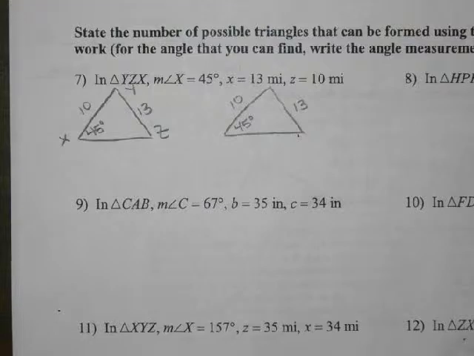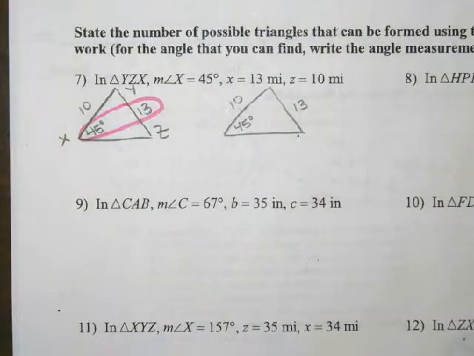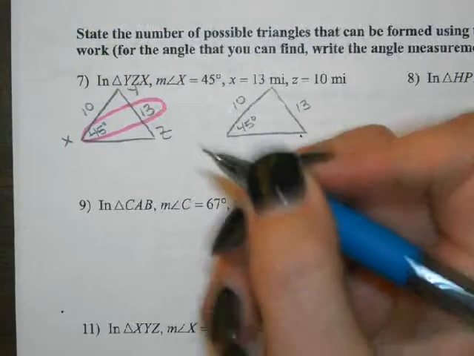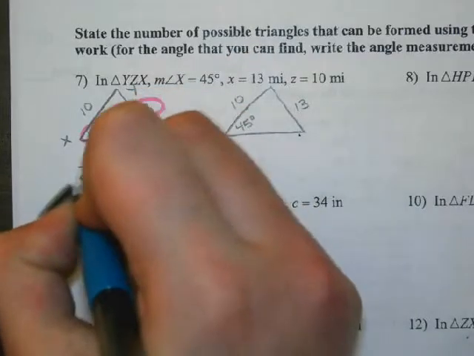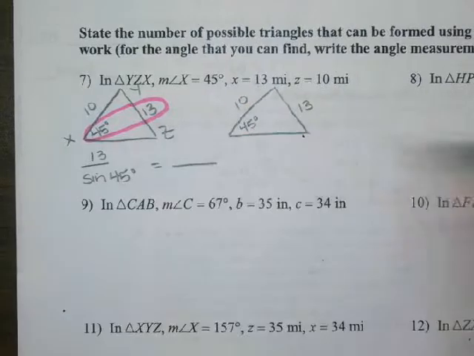All right, so if we look at this, we're going to pick out the information they gave us to start with, where we have one side and one angle that are across from each other, right? What do you guys see? Yeah, the 13 and the 45, right? So we're going to say 13 over sine 45 equals, and then what other information should we use?